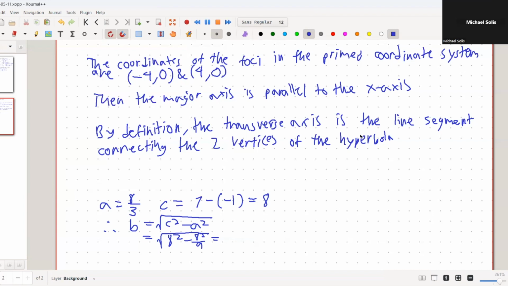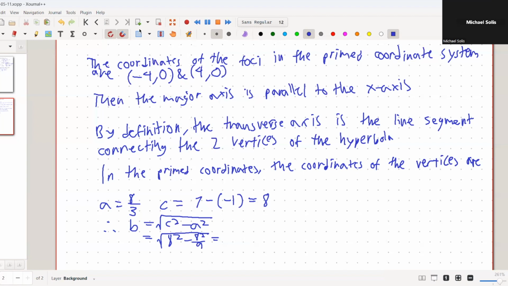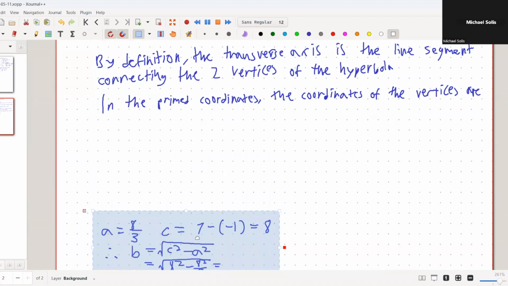So next line, in the prime coordinates, the coordinates of the vertices are, okay, so space.